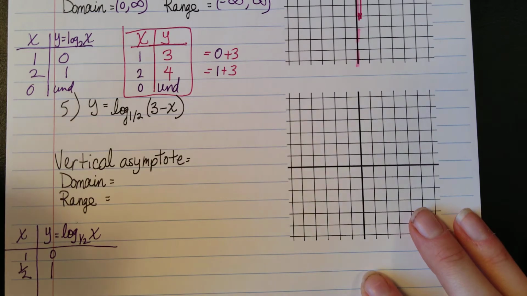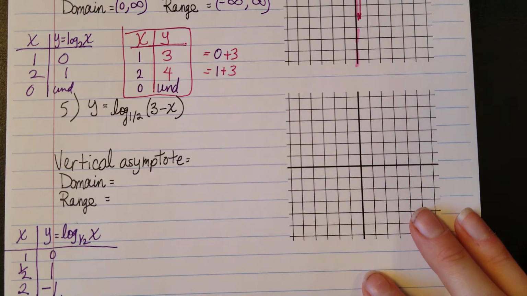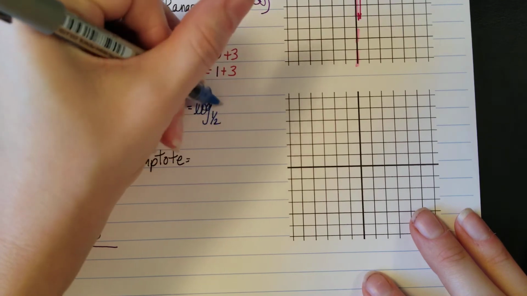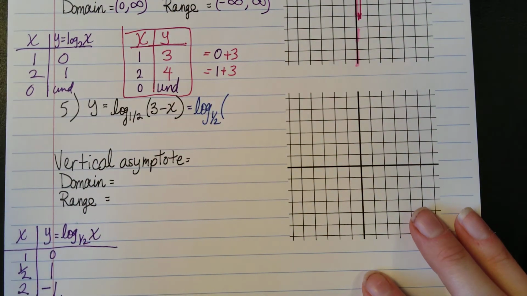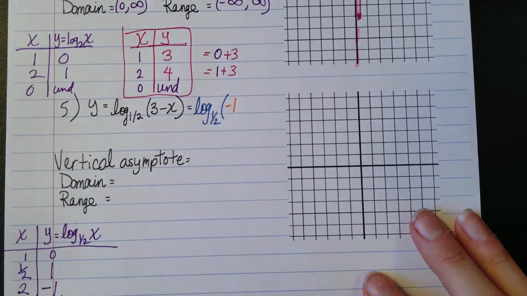And then 2, -1. So the reciprocal with -1. And then 0, undefined. Let's rewrite this a bit. Log base 1/2 of, let's say negative x, or negative 1x plus 3.